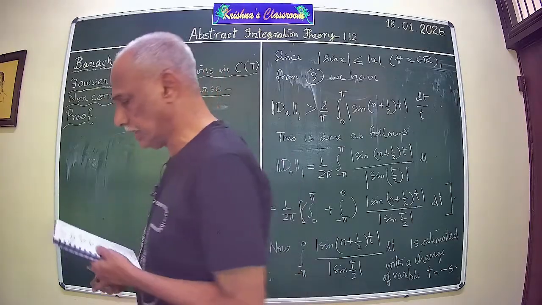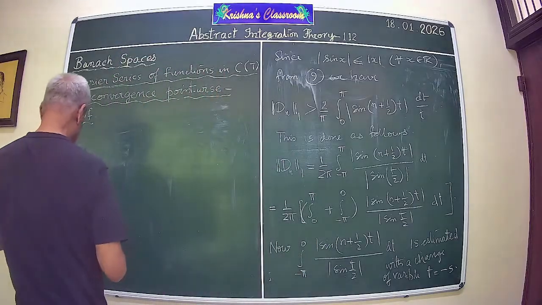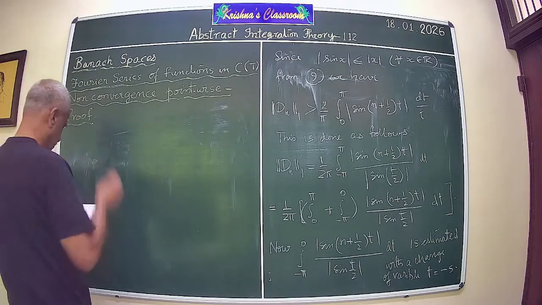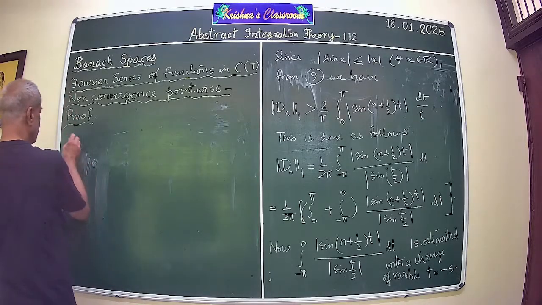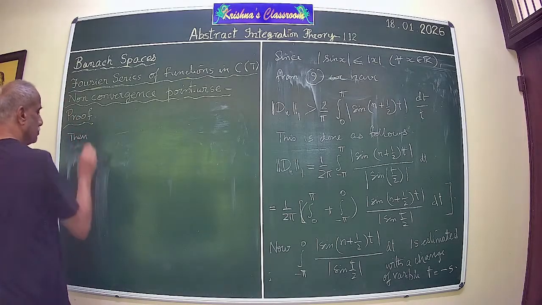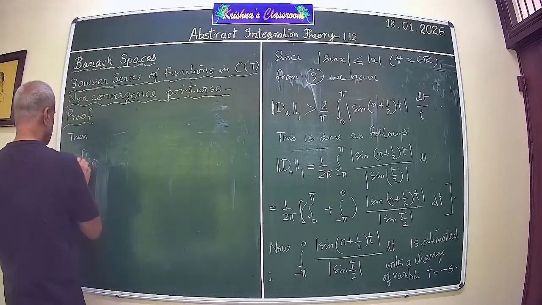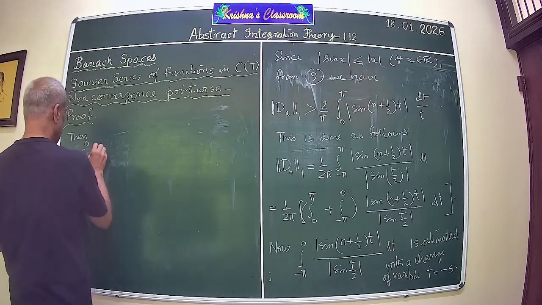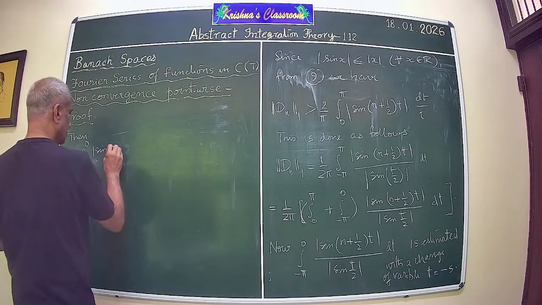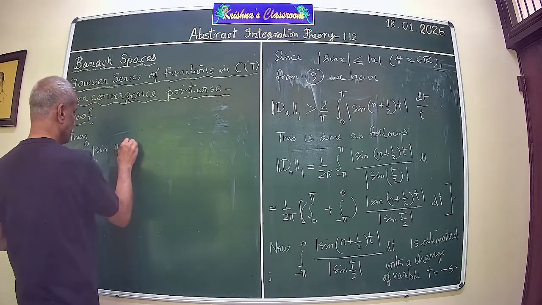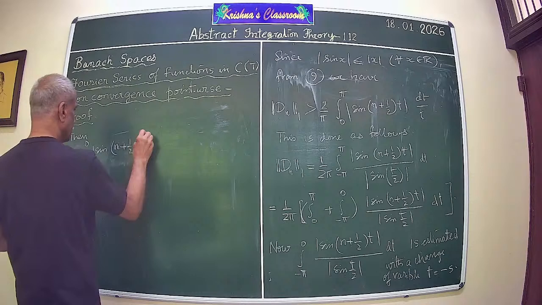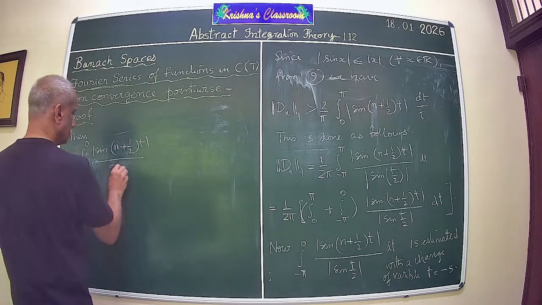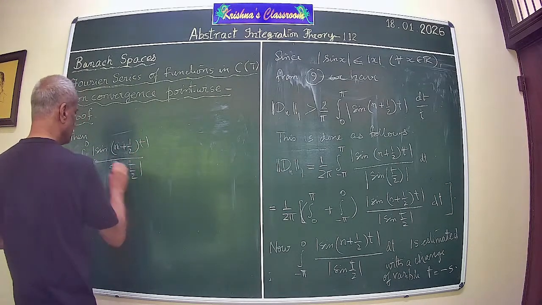So if you put t equal to 2s, so we see that this is equal to t by 2.